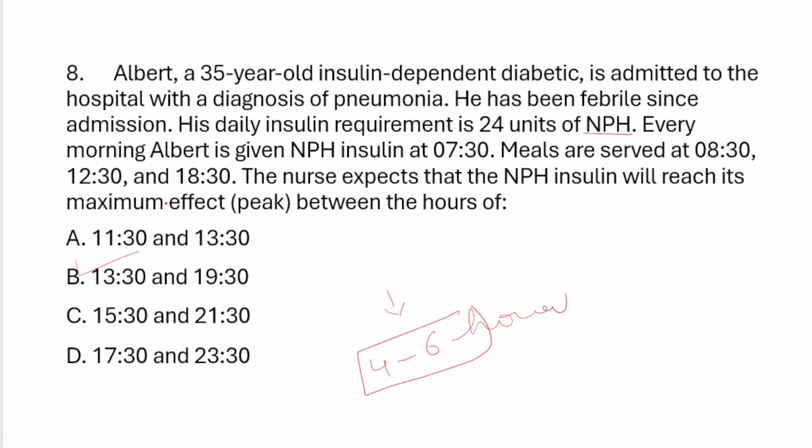Here we gave 24 units at 7:30, with meals at 8:30 and 12:30, so the peak level will be in the afternoon, and the peak action will be 4 to 6 hours.